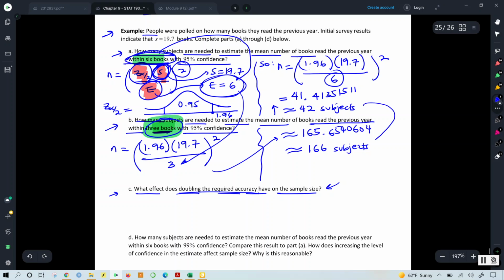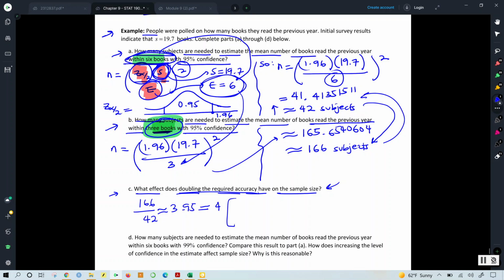The effect it has on the sample size is that if you consider 166 divided by 42, this will give approximately 3.95, which can be rounded up to 4.